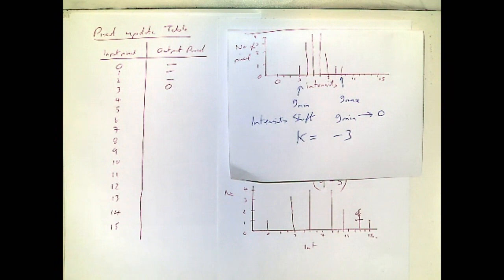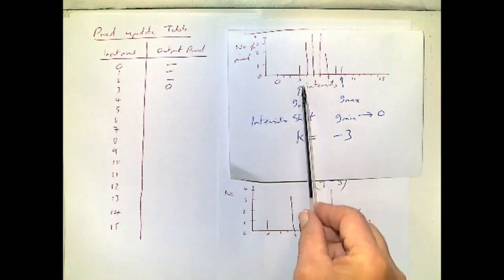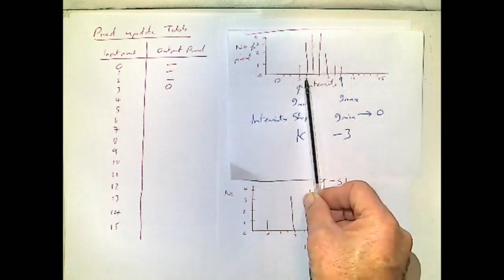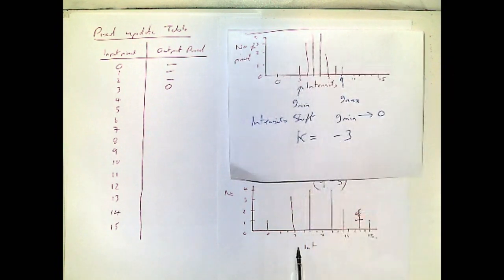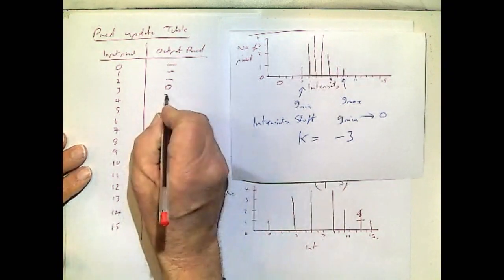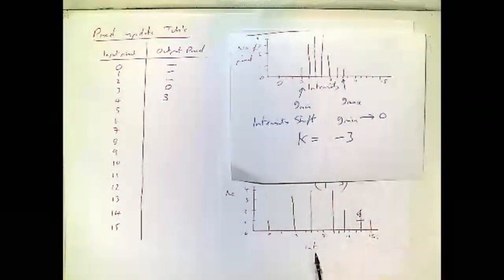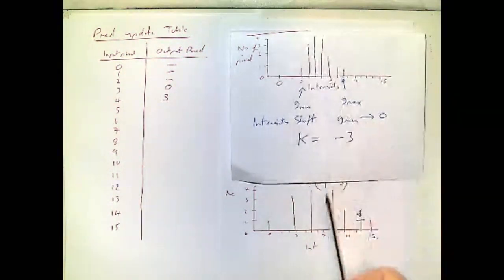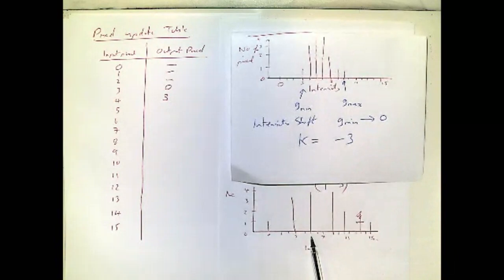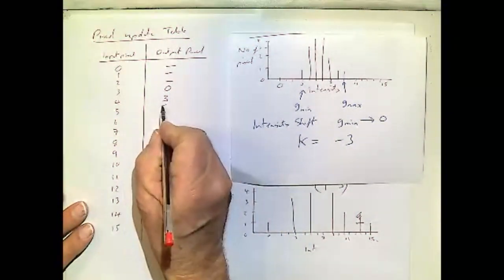The pixels which had original intensity of 4, and there was 3 of them, they become this entry in the final histogram, and they will be intensity 3. They've got a bit darker. So 4 goes to 3. 5, these pixels become this one here. They will go to 5. They don't change. It can happen.